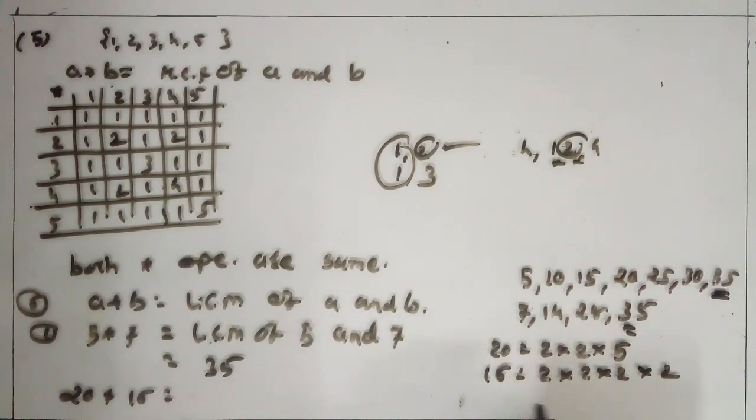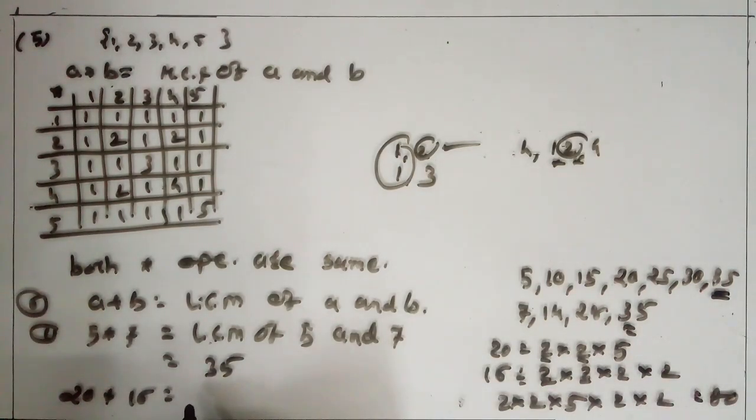Now for the LCM, we write the common factors only one time and write all the rest. So the LCM of 20 and 16: from 20 we write 2 into 2 into 5, and from the second we write what is other than common, that is 2 into 2. So it becomes 16 into 5, which is 80.